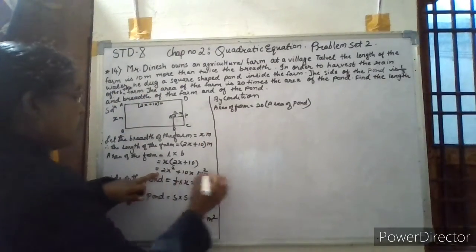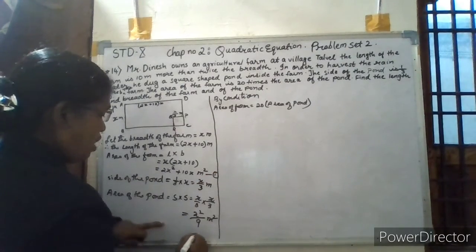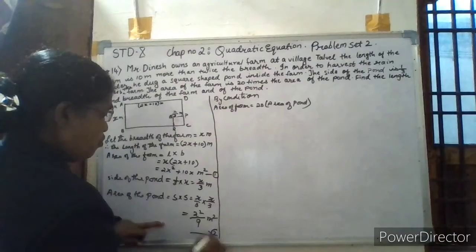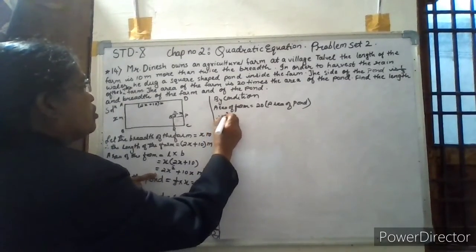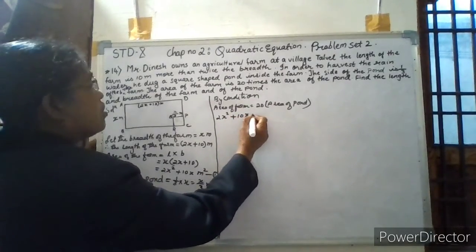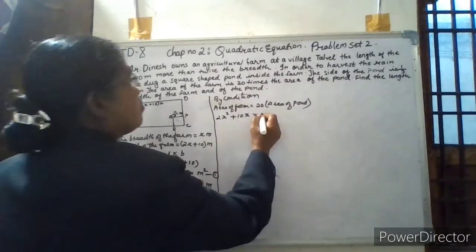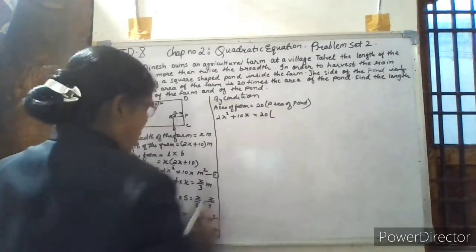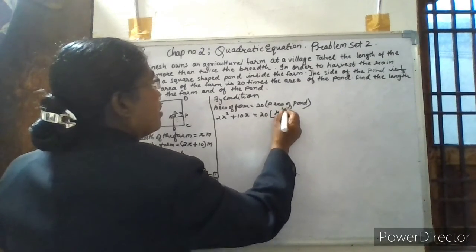Let us take it as equation 1. So equation 1: area of the farm 2x squared plus 10x is equal to 20 times the area of the pond, x squared by 9.